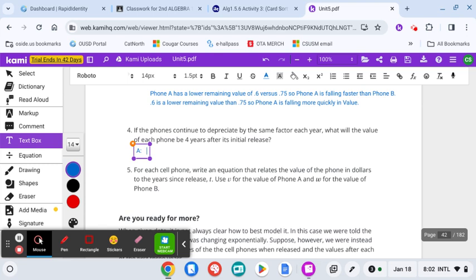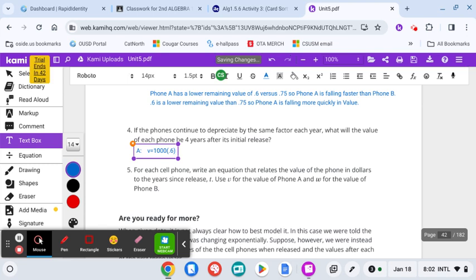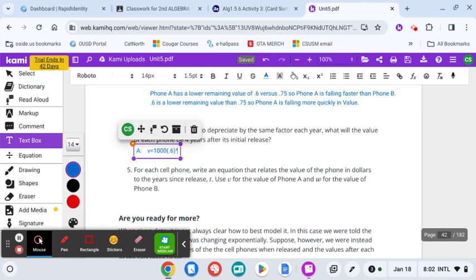So we would say V equals, beginning value was 1,000, depreciation factor of 0.6 to a power of time. And they're asking us to plug in a time of 4 years.